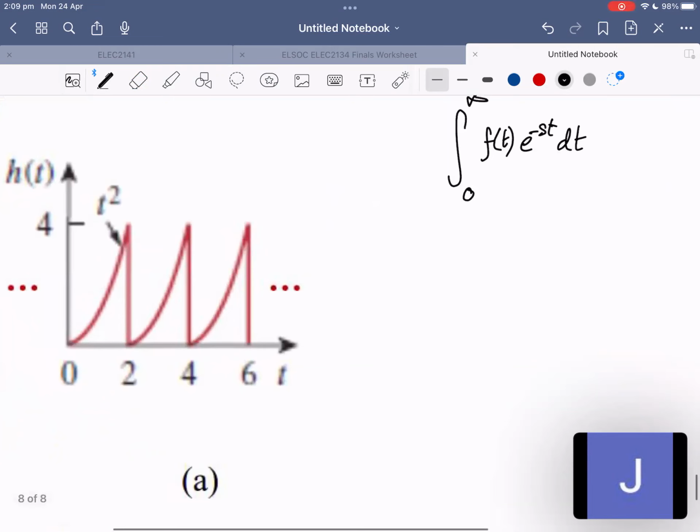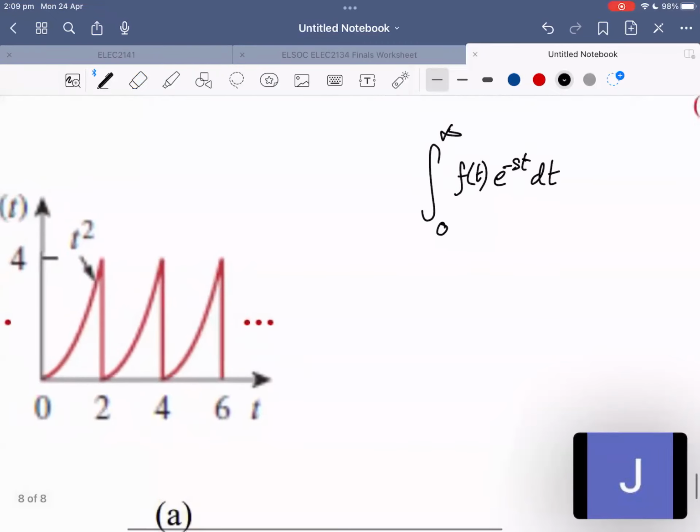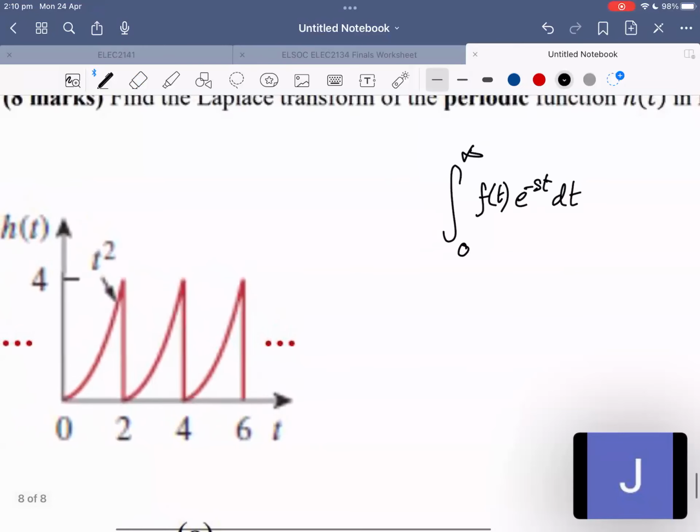But here we have something that is periodic, and we don't really have a way to describe it in a single function. It's a parabolic function that repeats in increments of 2. So here we're going to use a little trick called the periodicity property, but I'm going to go through how to actually derive it because I think it wouldn't be fair if I just spat some property out and told you to take my word for it.